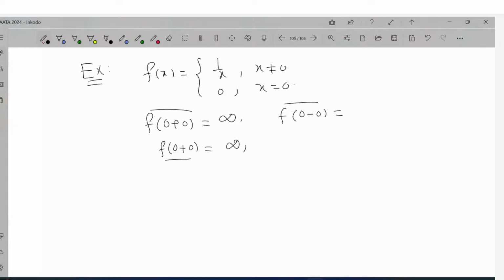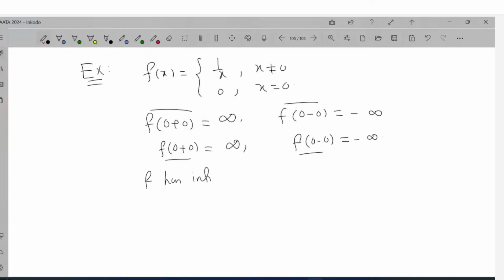What will you get? Minus infinity. This is minus infinity. What type of discontinuity do we have in this case? At 0, we have infinite discontinuity. This is not oscillatory. So on both the right and left of 0, we have infinite discontinuity.